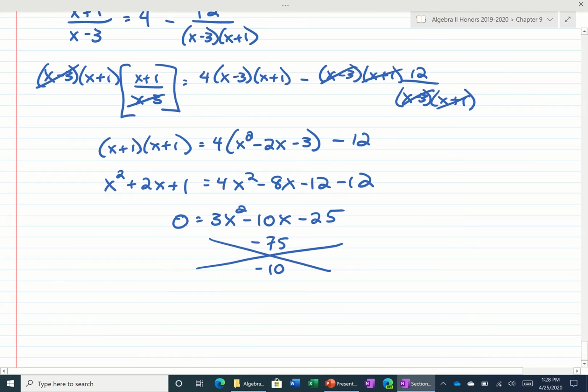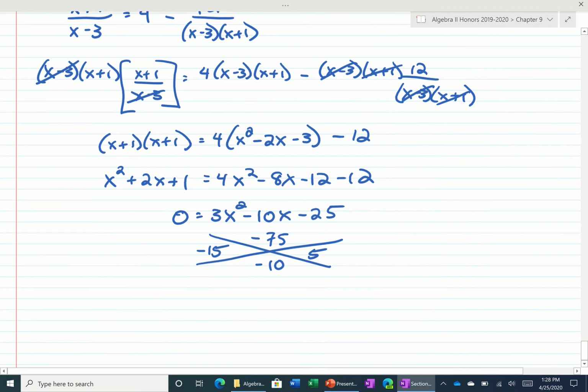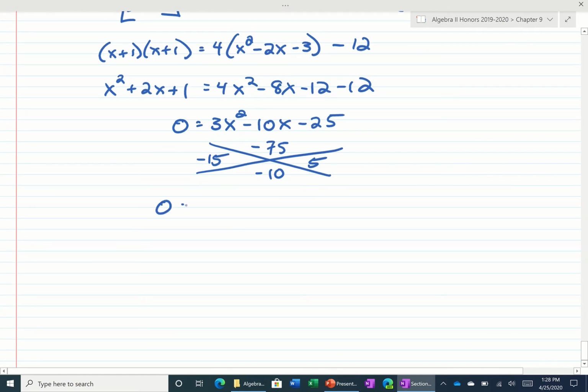Let's see here, 75 would be, alright, I'm going to need a calculator here. 75 divided by 5 is, oh, look at that, 5 and 15. Alright, so let's go ahead and finish it.